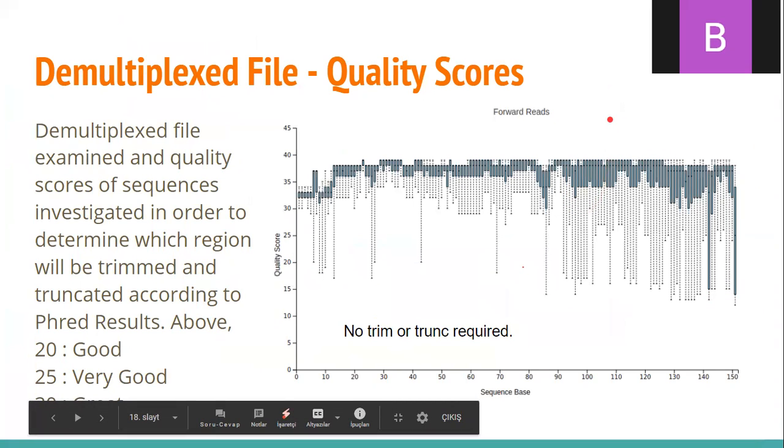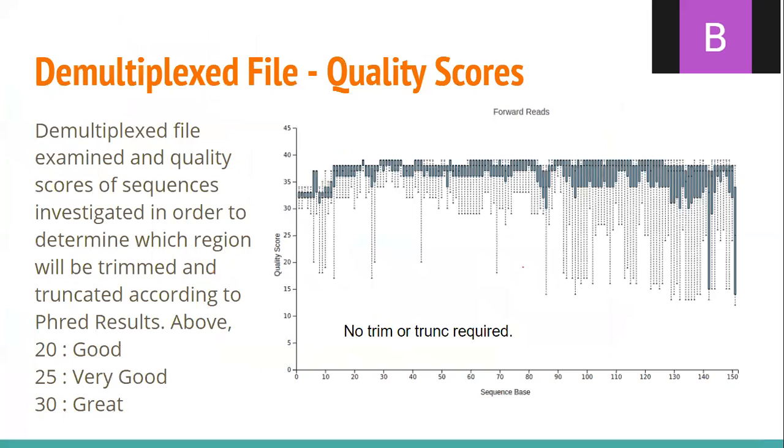Okay. After the demultiplexing step, we get a quality score figure like this. These sequences from the multiplexed data have been demultiplexed. We get the quality scores for our sequences. In this graph, we investigate the qualities, and we want them to be more than 20 at least for good quality. Each of these shows the quality of the reads, how they are read in the machine actually.